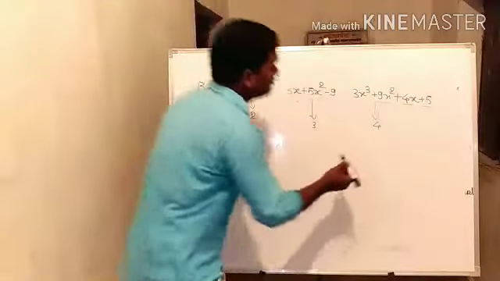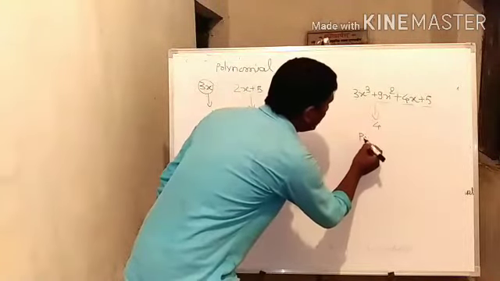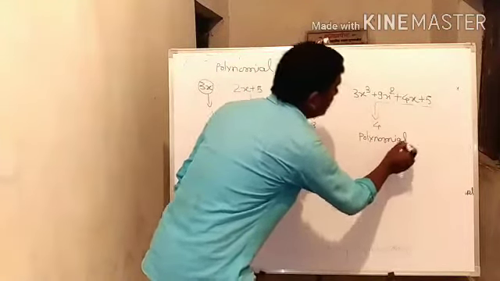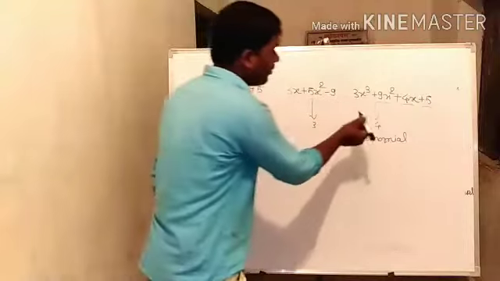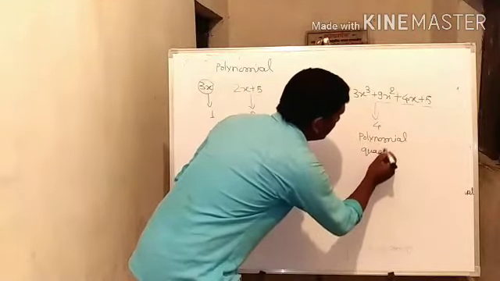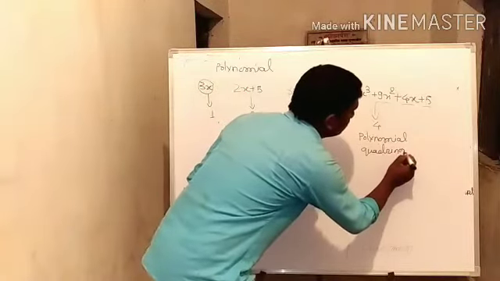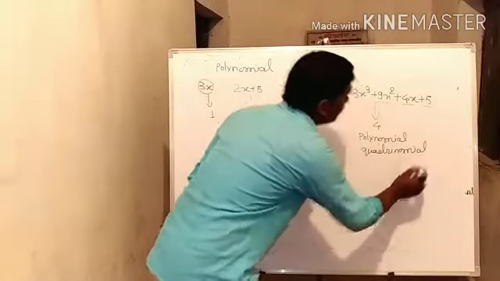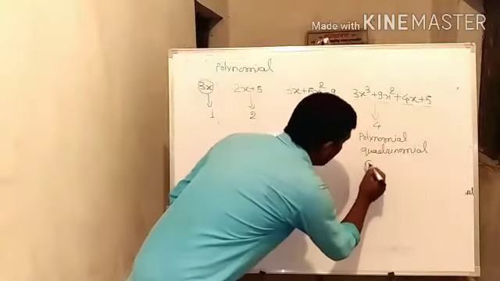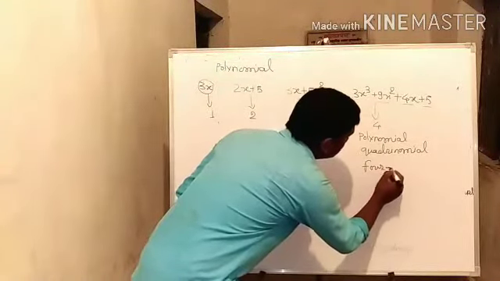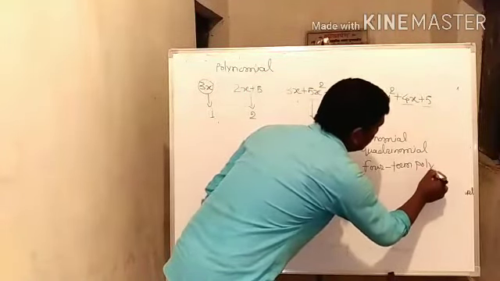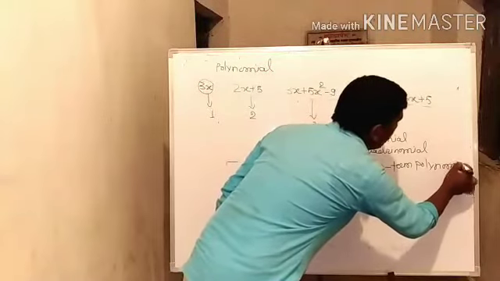It is known as polynomial, and another name for a polynomial with 4 terms is quadrinomial, or 4 term polynomial.